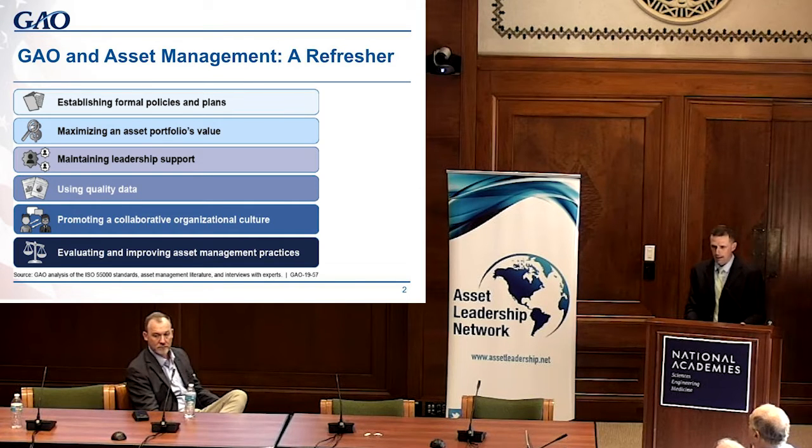In any situation where we're looking at a federal asset, how are you optimizing your funding? How are you using data to systematically prioritize where money is best spent? How can you better achieve your mission goals with how you manage your assets, and maybe even save taxpayers a little bit of money, which at GAO we would always be interested in.